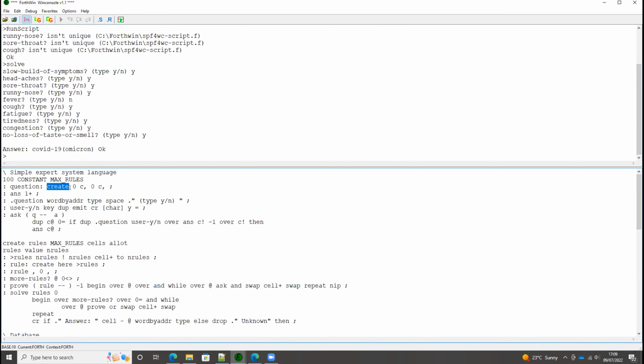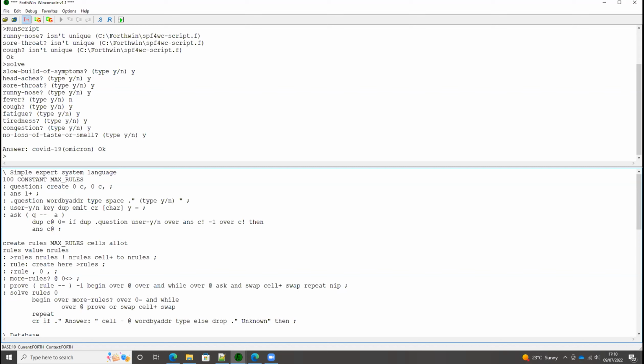create. Create is a word that allows you to basically define your own data types. I would say it's the version of data types or structures that is built into Forth. Of course, you can implement C-like structures in Forth as well, but create always exists in implementations, as far as I know.